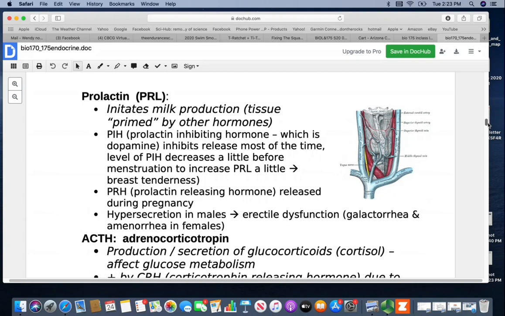So your levels of prolactin inhibiting hormone decrease a little bit before the menstrual cycle to increase a little bit of the prolactin releasing hormone, which will contribute to breast tenderness. Prolactin releasing hormone will be released during pregnancy. So hypersecretion of this in males can lead to erectile dysfunction, and then in females, galactorrhea and amenorrhea.